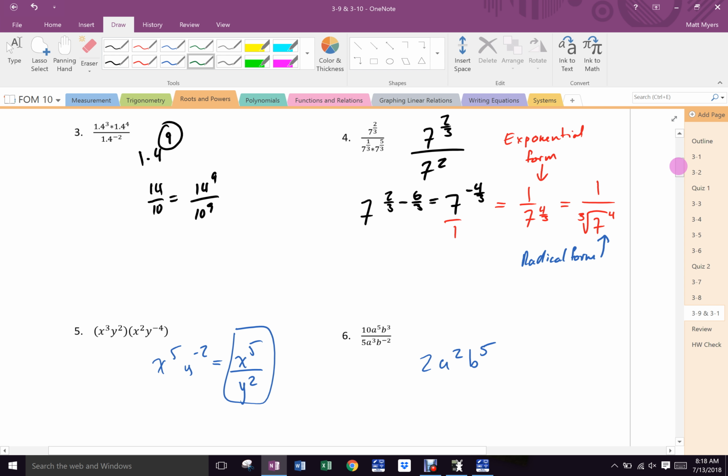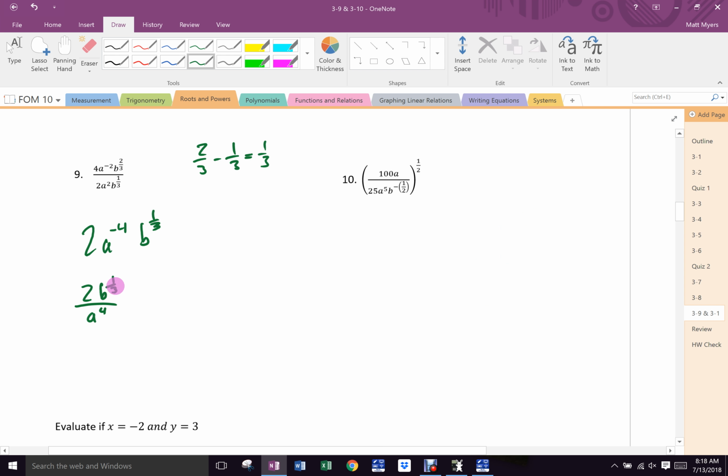Thank you. It is allowed. Could you write it another way? Yes, you could write 2 cube root b over a to the 4th. Both of them are allowed.